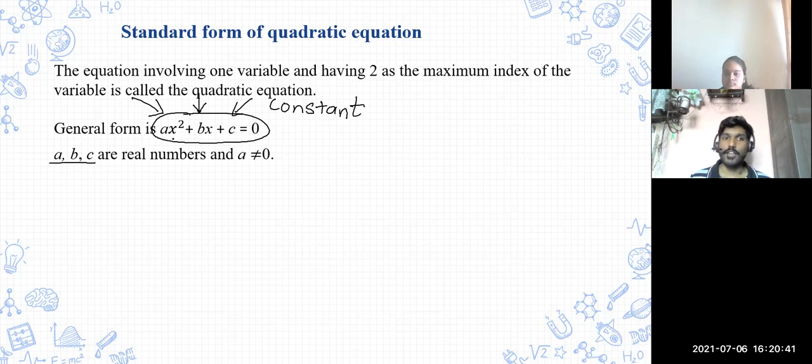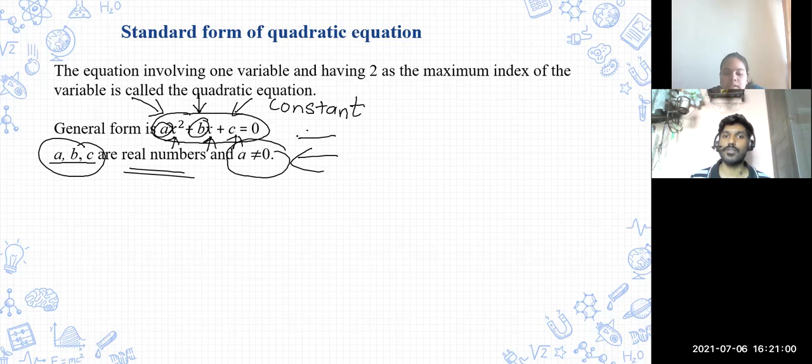So again, coefficient of x square is a, coefficient of x is b, and the last term is called a constant. A, b, and c are any real numbers. They can be positive also, they can be negative also. Only one condition is there, that a is not equal to 0.